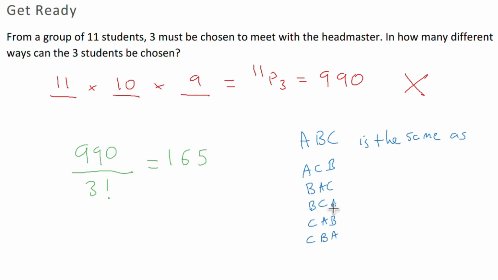All of these represent the same scenario in this particular case. If we chose A, B, and C as our 3 students, it doesn't matter which order we chose them. Any of these 6 orders would have been fine. We would have sent those 3 students. So that is why we're dividing by 3 factorial here, because 3 factorial represents the 6 ways of ordering the 3 people that we chose.